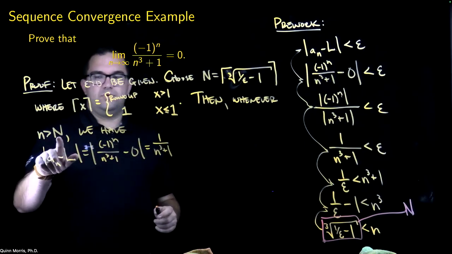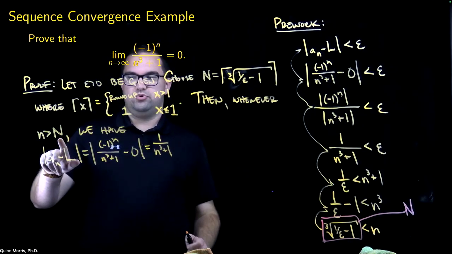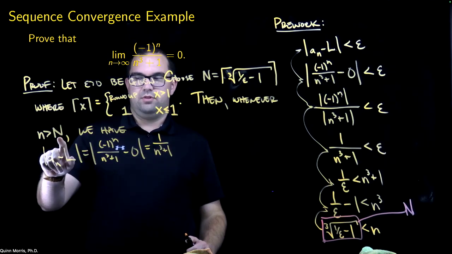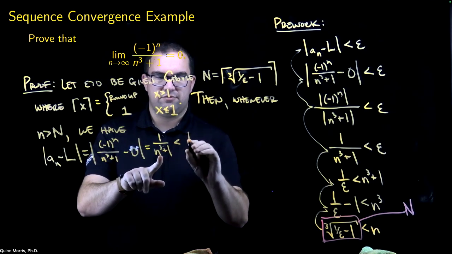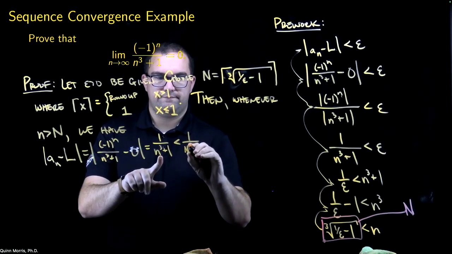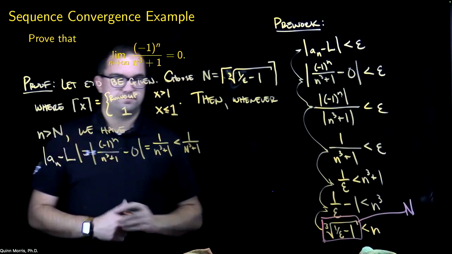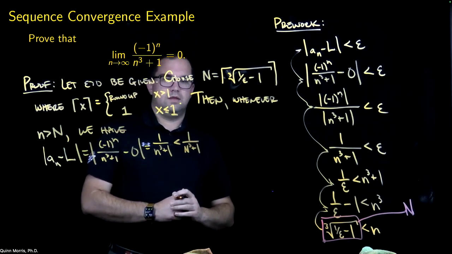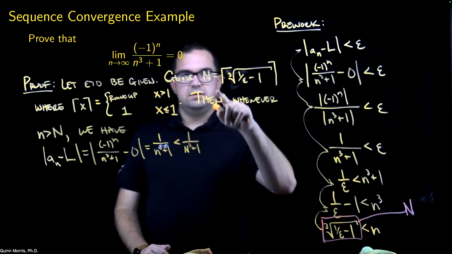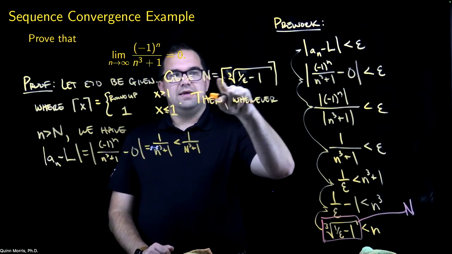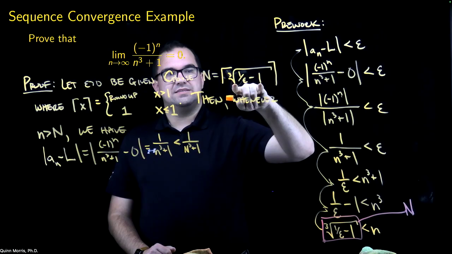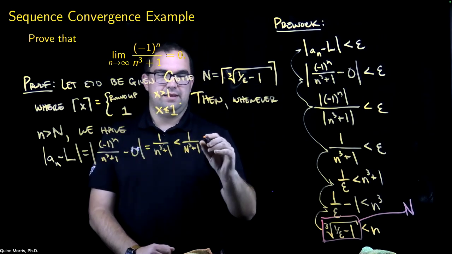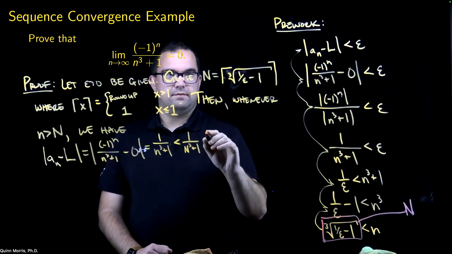Now, if I substitute in capital N, because I'm assuming little n is greater than capital N, I'm going to put something smaller in the denominator, and that's going to make the fraction larger. Now, this capital N is equal to this quantity, but rounded up, which means that this is less than or equal to capital N. Okay.